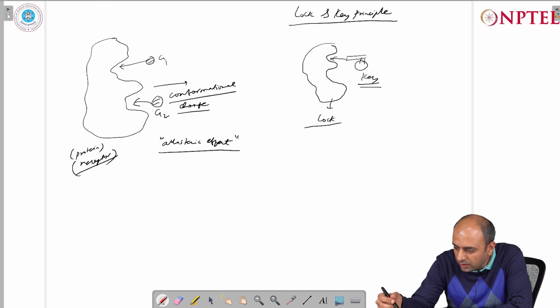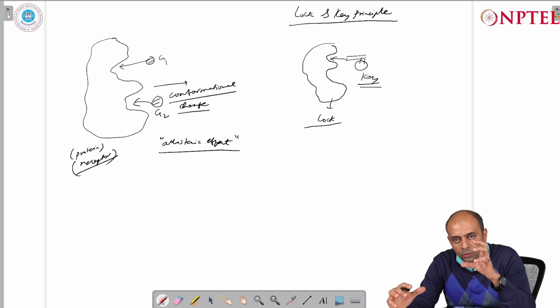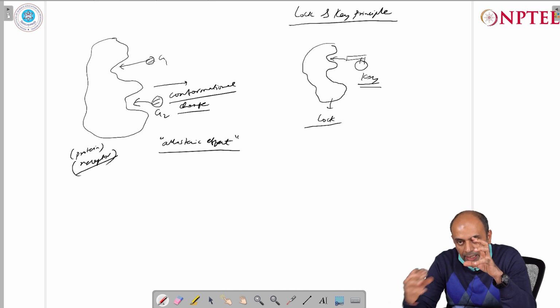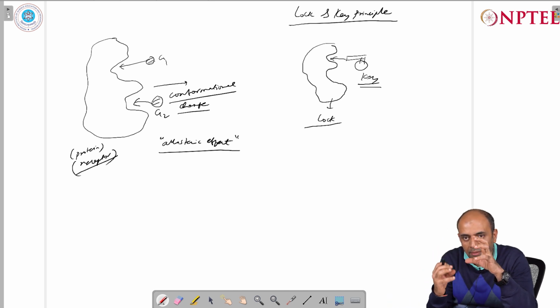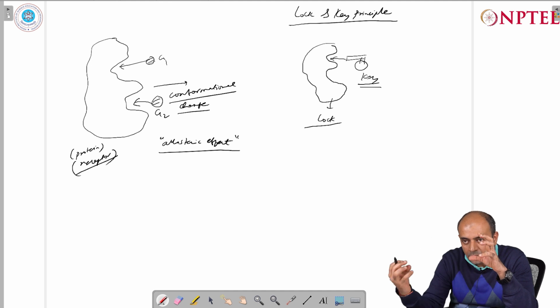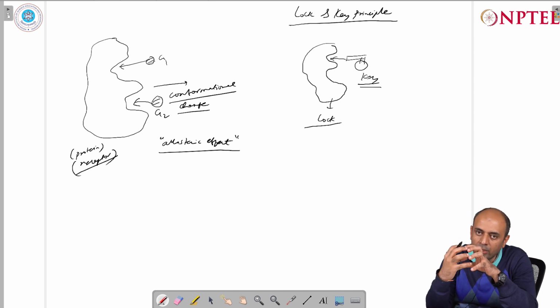But the lock and key principle is assuming a very static picture, because it essentially considers a rigid structure for a protein. That means it assumes that the protein is frozen at a particular conformation, and there are some specific binding sites into which the substrate molecule, here the molecule which is being sensed, or the guest molecule, can go and bind.